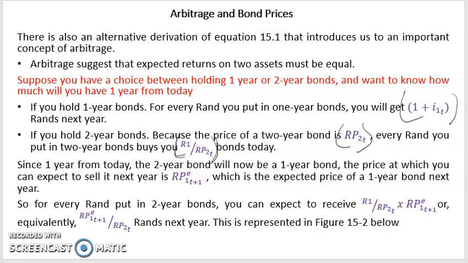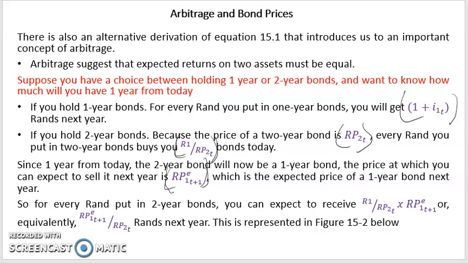When next year comes, the bond will have only 1 more year before it fully matures. Therefore, 1 year from today, the 2-year bond will now be a 1-year bond. So the price at which you can expect to sell it next year is given by the expected price of a 1-year bond next year, which is given by this expression here.